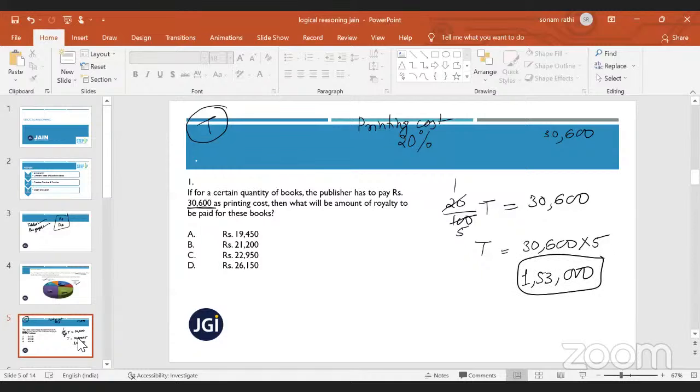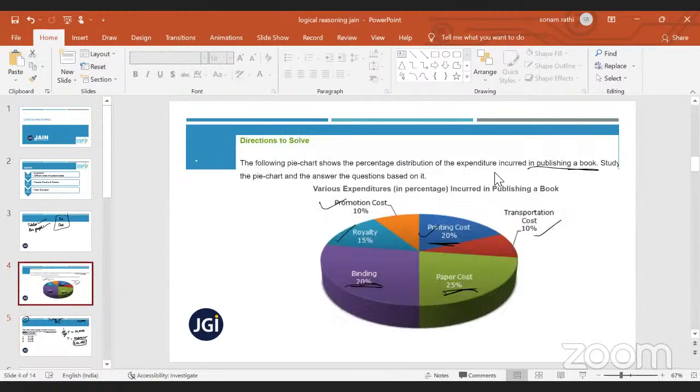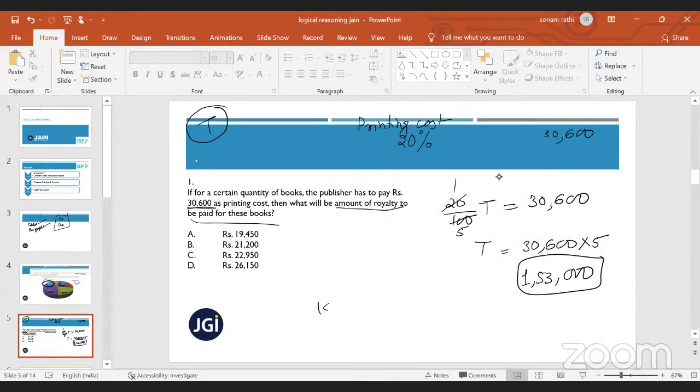This is the total cost. Now read the question. What will be the amount of royalty paid? Let's go back to our pie chart and see what the royalty is. Royalty is 15%. So we have to calculate 15% of the total.